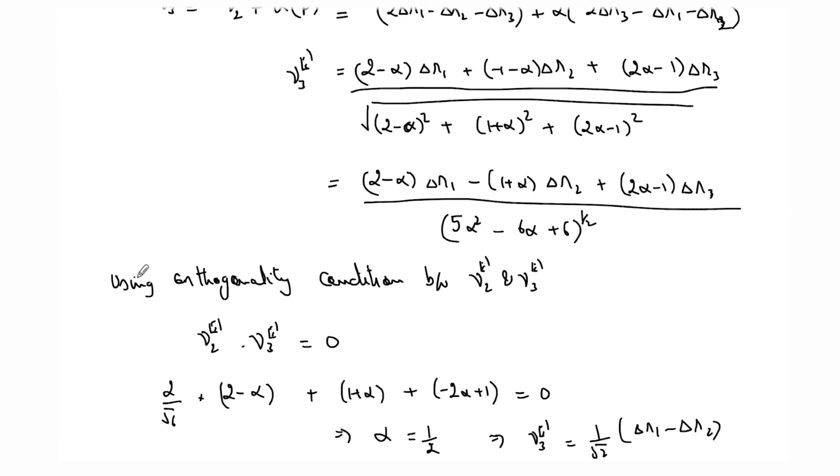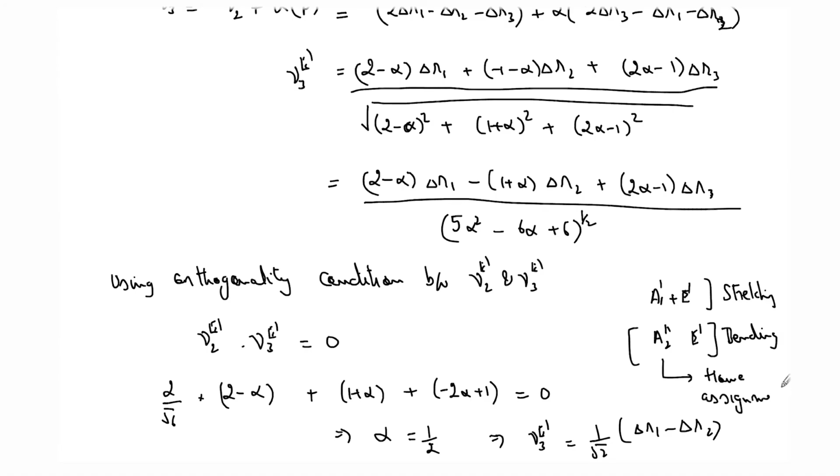You have already covered the vibrational modes A1 prime and E prime. Now what you are left with is A2 double prime and another E prime, right? So the stretching we have already seen. Now this portion is left for bending modes. I leave it as a home assignment, so try to do it yourself, otherwise we will discuss it in the interaction session.